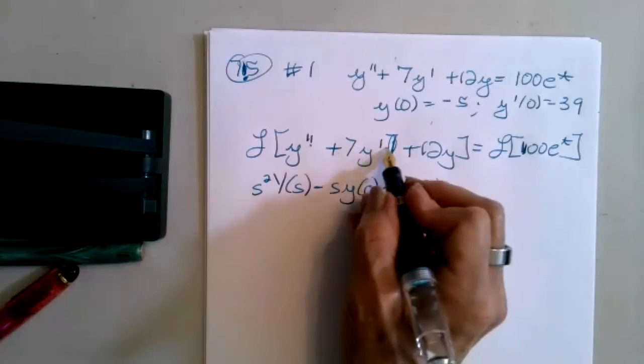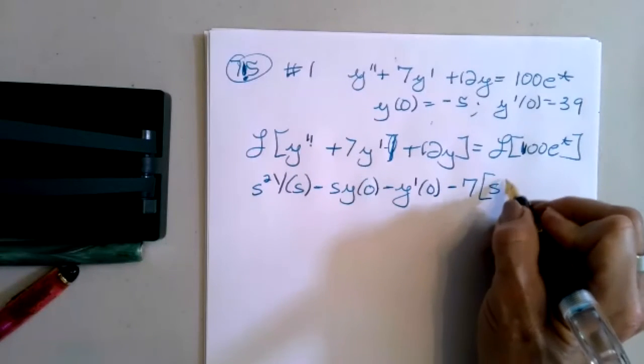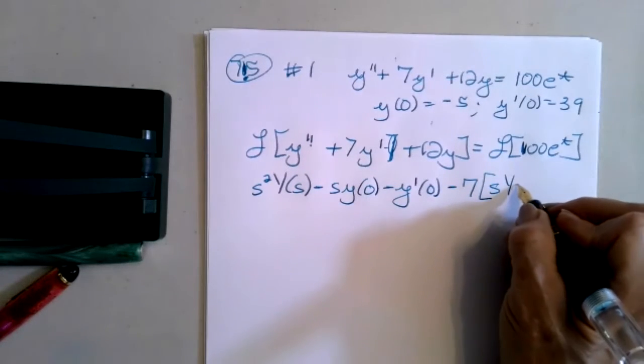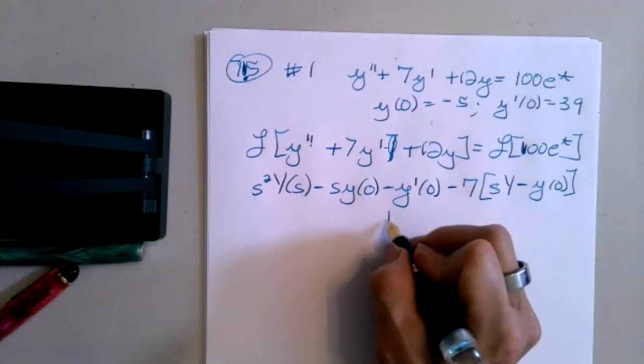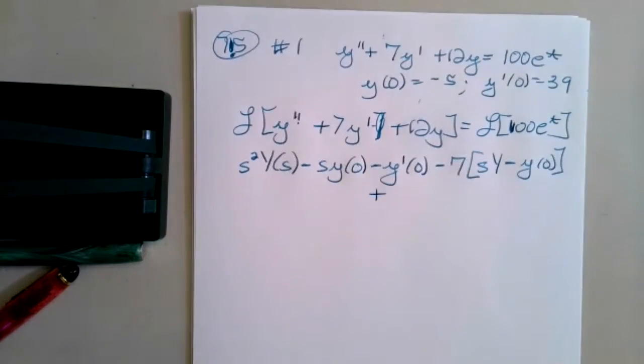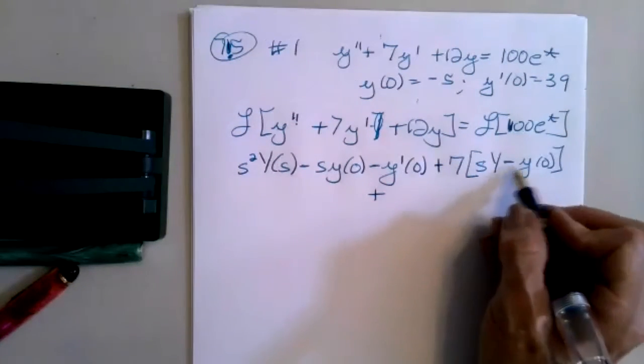And now we have plus 7 times the Laplace transform of y prime, which is s times the Laplace transform of y minus y at 0. Okay, but this is still a minus sign right here.